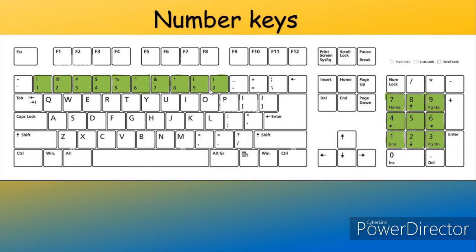And we have again the numbers on the right hand side: 0, 1, 2, 3, 4, 5, 6, 7, 8, 9. These are the number keys.